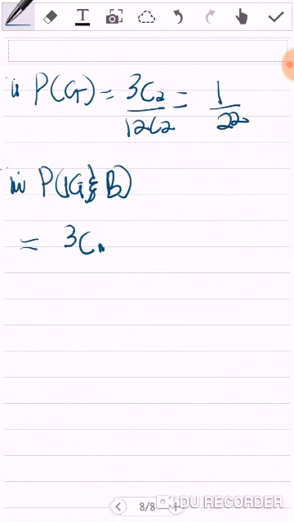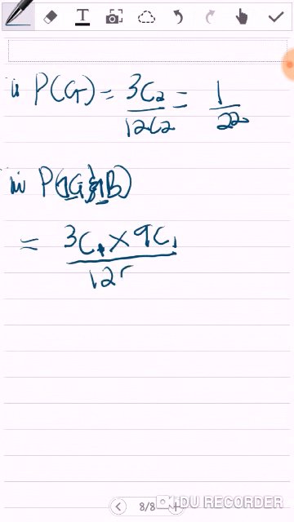So it's 1 boy, 1 girl, sorry. So that means the girls, we selected 1 from the 3, times the 9 boys, we selected 1, all over 12 combination 2. Nine over 22.